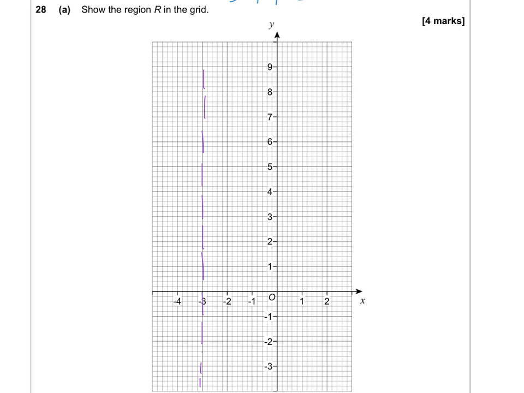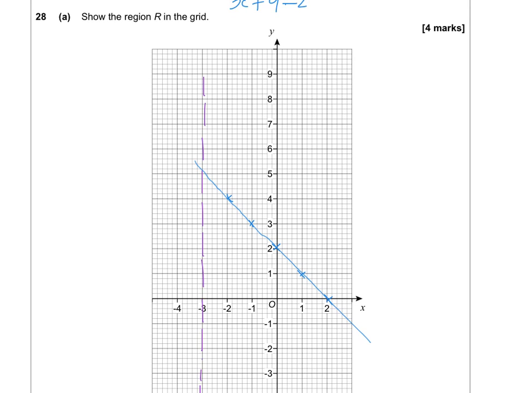So points that would satisfy this: 0, 2, 1, 1, 2, 0, -1, 3, -2, 4. And at this point we have enough points in which to confidently draw a line. Please use a ruler to draw this line. It's difficult to do so on the iPad app. So this is the line x plus y equals 2.